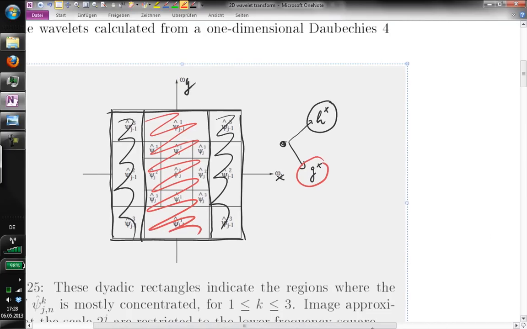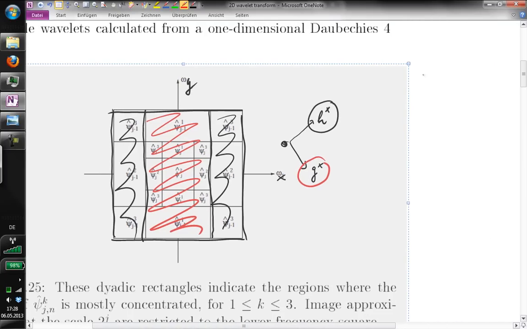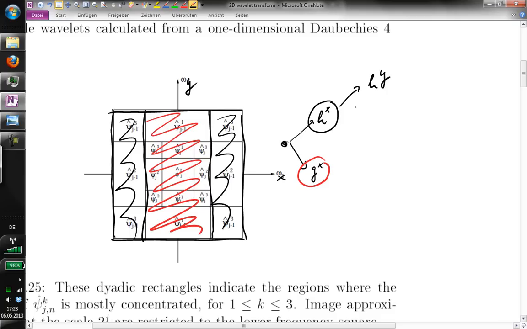So I can now run, in addition, a high-pass filter in direction of Y and a low-pass filter in direction of Y, which, if I'm going to color code, is going to give me this region here and that region.